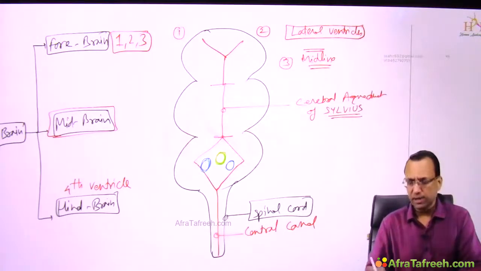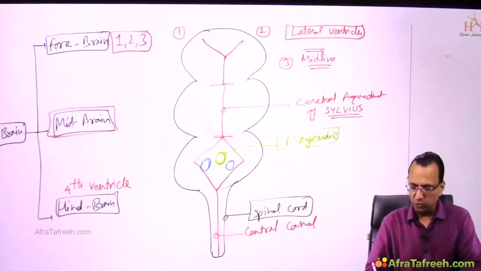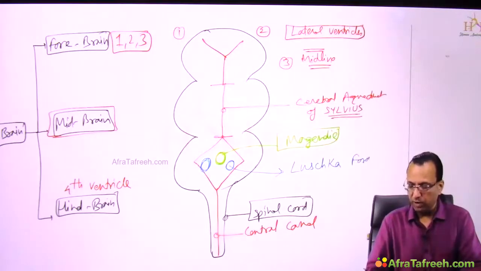What are you talking about? Actually, there's a midline opening which is the Magendie foramen, and there are two lateral openings which are called the foramina of Luschka. There are two in number.